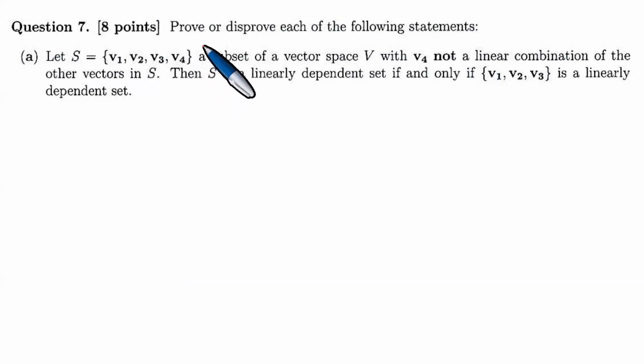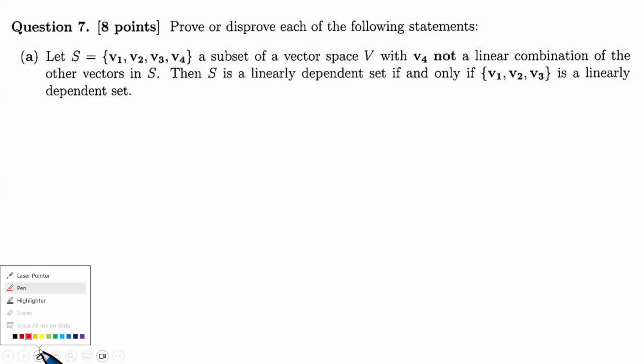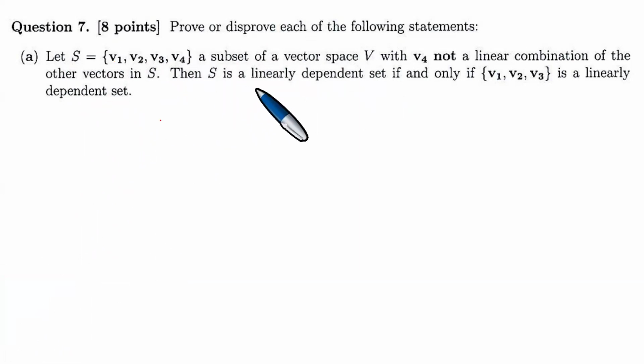Now, prove or disprove each of the following statements. Let S have 4 elements. This is similar to the one you looked at last time, which had 3 eigenvectors, but now this one has 4 vectors.